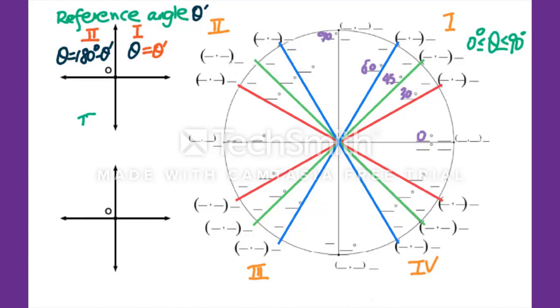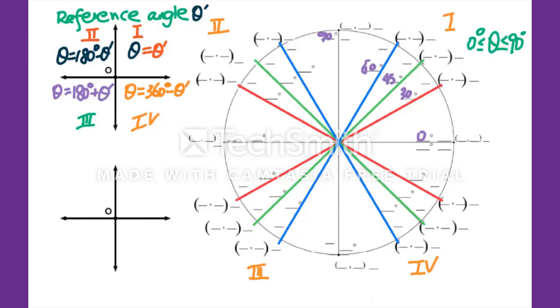For the third quadrant, we can use theta equals 180 plus theta prime, meaning the reference angle. For the fourth quadrant, the angle will be 360 minus the reference angle.